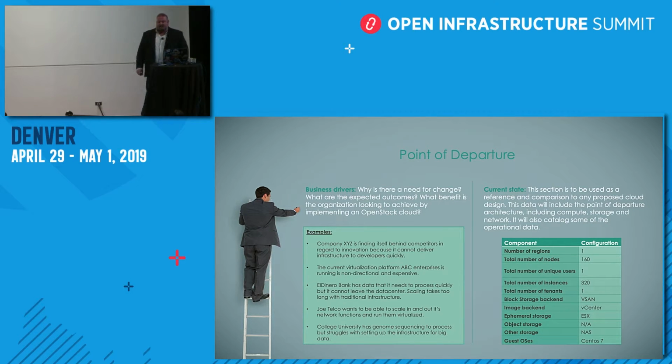El Dinero Bank has data that it needs to process quickly, but it cannot leave the data center. Scaling takes too long with traditional infrastructure, right? So Christmas time comes, a bunch of card transactions are coming in. The fraud team's going nuts, right? Its Hadoop clusters are working overtime. Uh-oh, the 25% capacity we had left over from last Christmas just isn't cutting it.